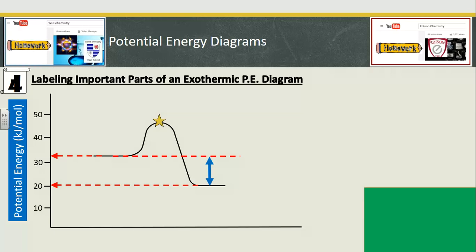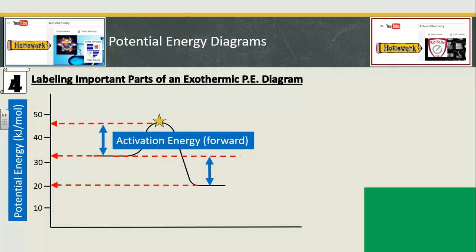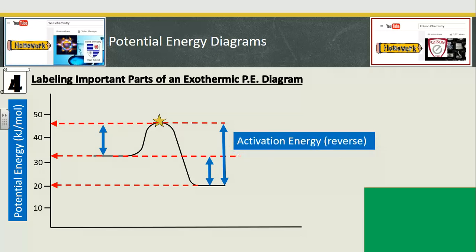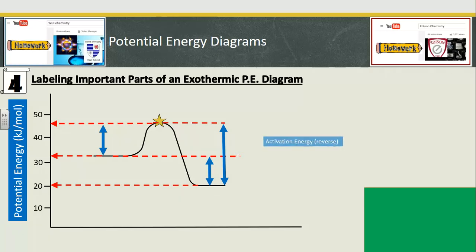Activated complex is the top of the roller coaster hill. And then we've got our heats of reaction. The forward activation energy is there from left to right, and the reverse activation energy is there from right to left. Okay.